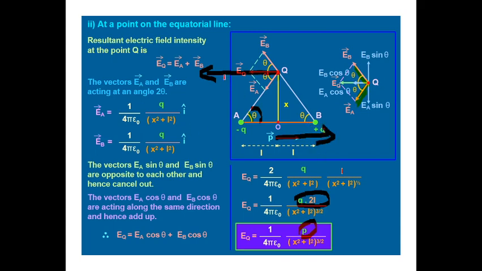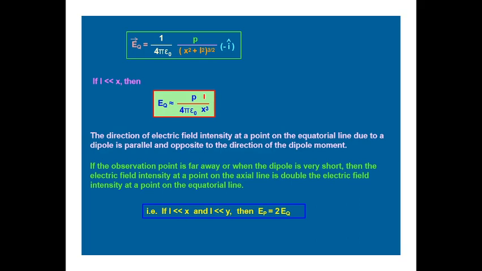So the electric field at the equatorial line is opposite to the direction of the electric dipole moment. So the resultant electric field EQ equals 1 divided by 4 pi epsilon naught, P divided by x squared plus L squared raised to 3 by 2, for the electric field intensity due to the electric dipole on an equatorial line.